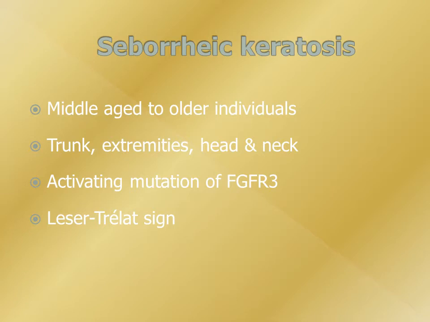In this sign, seborrheic keratosis may suddenly appear in large number as part of some other neoplasia or as a part of paraneoplastic syndrome, and it occurs due to stimulation of the keratinocytes by fibroblast growth factor or transforming growth factor alpha.